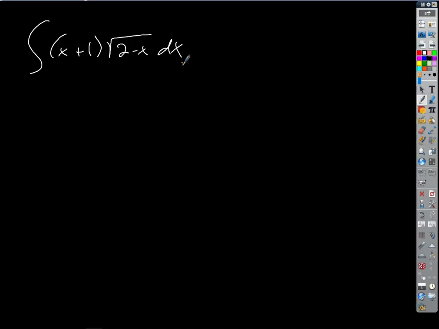So what's the problem here? Paige, what do you see as the problem? The 2 minus x, yeah, right?